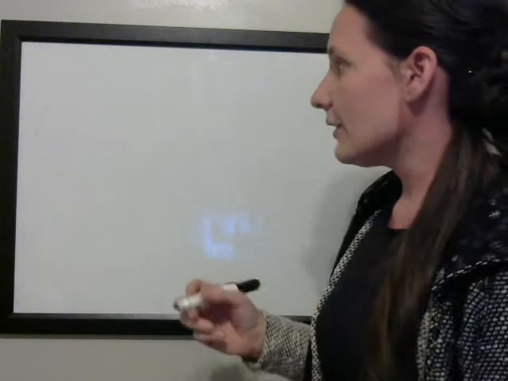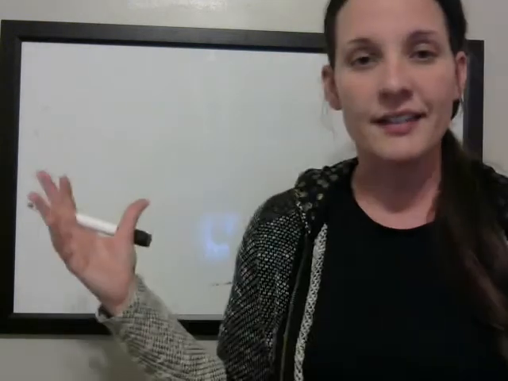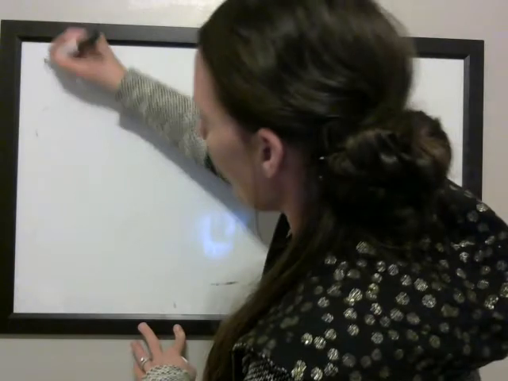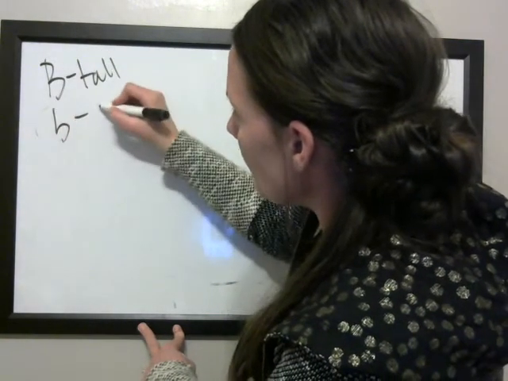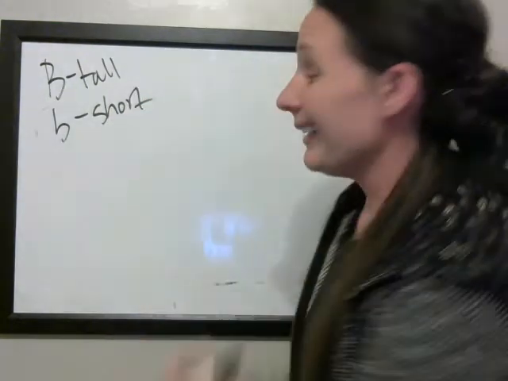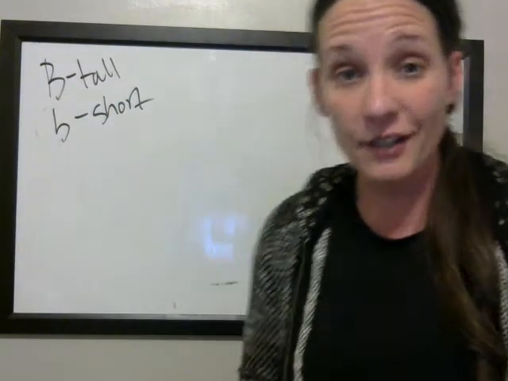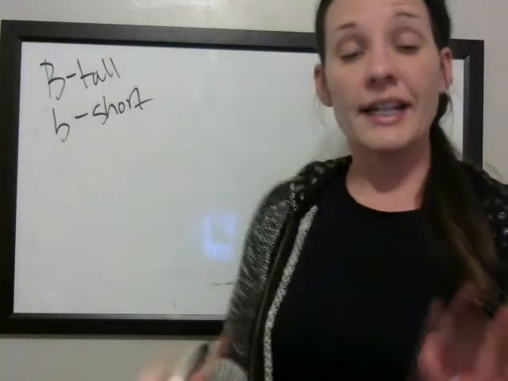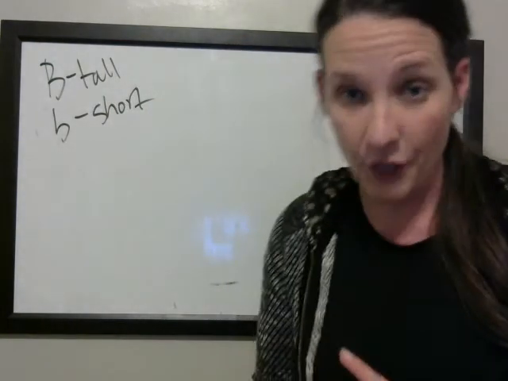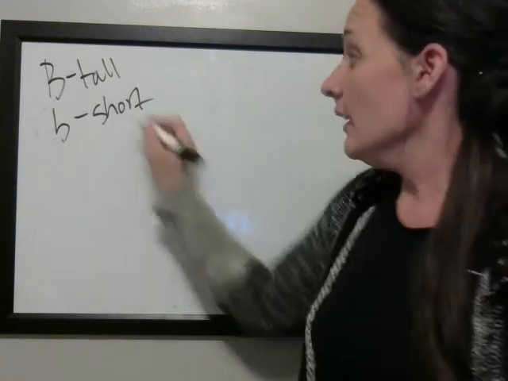So let's use a different letter because I'm tired of using A's. Let's use B's. I don't know, that seems the next simplest. So big B means you're tall, and a little b means you're short in this case. So I've got this gigantic father. Dad is really, really tall. Dad, we're going to say, is homozygous dominant for tallness.